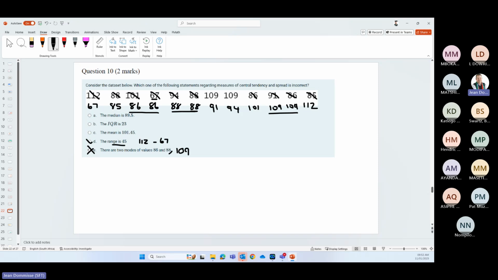So again, in an exam question, if you've done this up until this point, you're actually saving a bit of time. I am going to show you how to do the other ones because it is important. So to get to the interquartile range, we need the value of Q1 and the value of Q3.